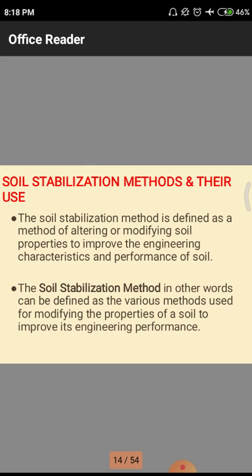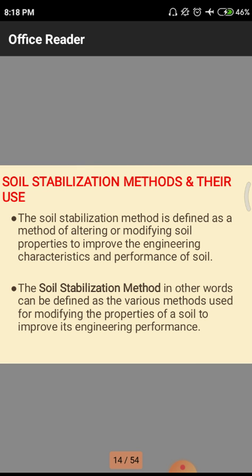Due to the application of load, the soil will deform. If there is no deformation, then the soil is very good in strength or engineering properties, so that whenever the stabilization is done, the soil will allow a good quantity of load bearing capacity.